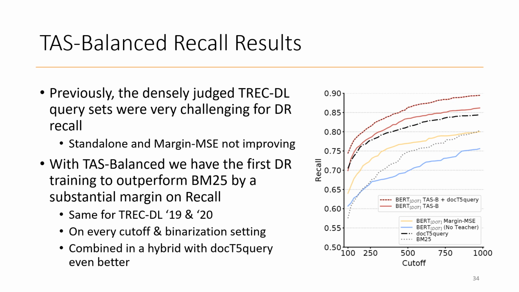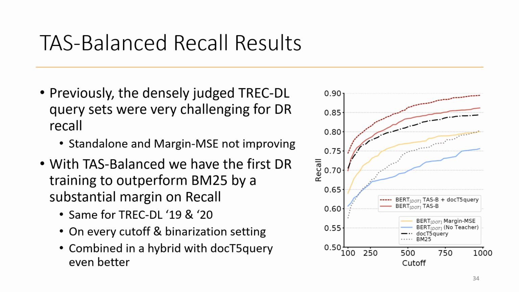And then let's focus a bit more on the recall results, because TAS-Balanced is such a good recaller. Previously, the densely judged TREC Deep Learning query set was very challenging for the recall of dense retrieval models.